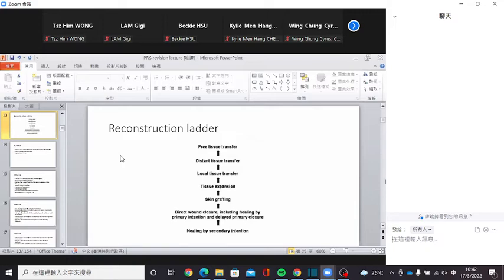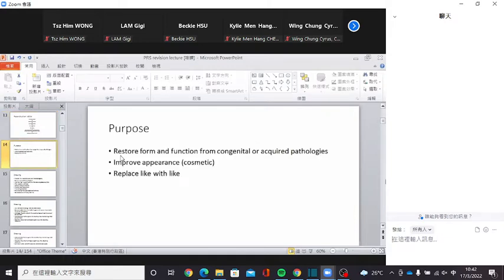Moving on, we can do direct wound closure, skin grafting, tissue expansion, local tissue transfer, distant tissue transfer, or free tissue transfer. The purpose of reconstruction is to restore the form, that means the appearance, the aesthetic, and also function, from a congenital or acquired pathology.